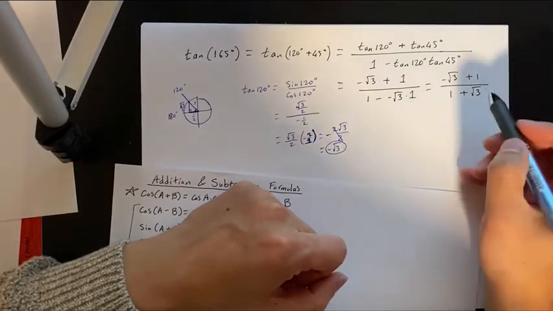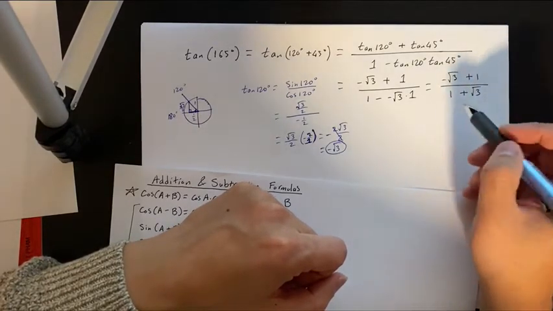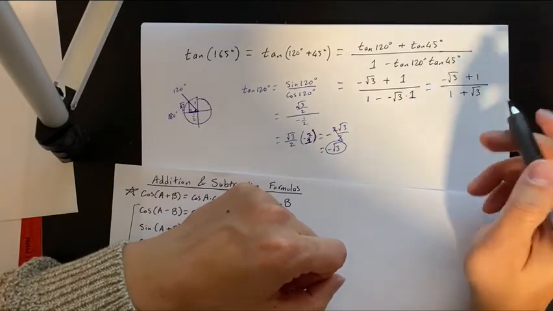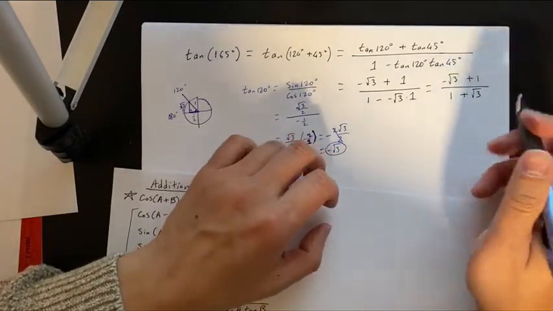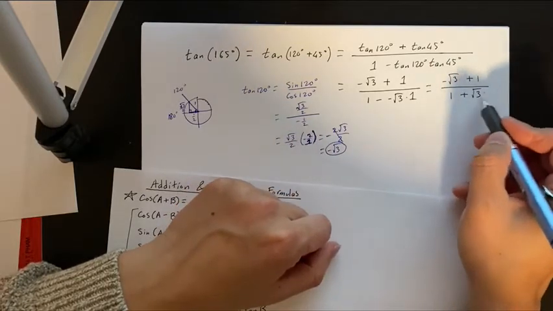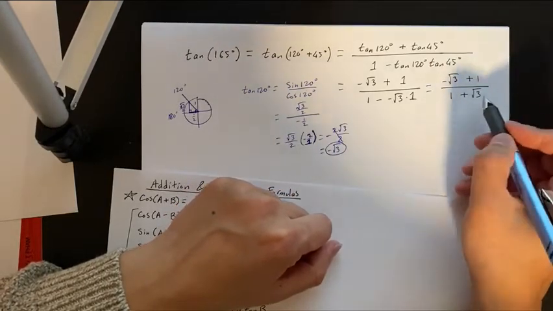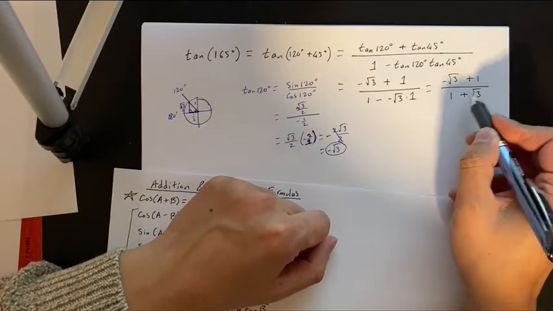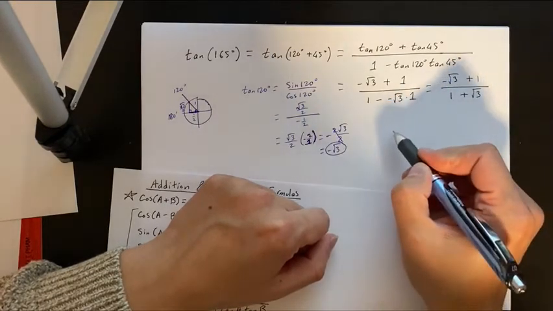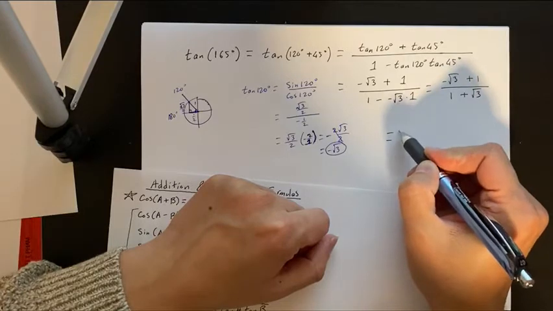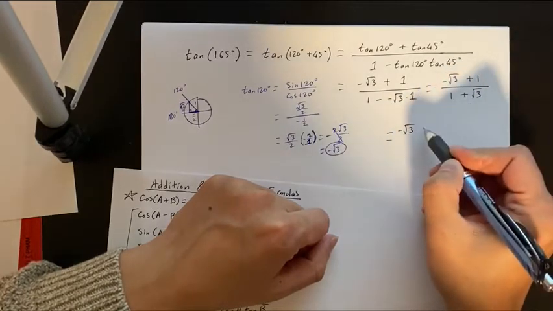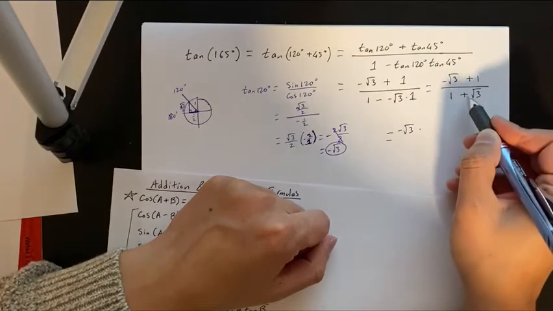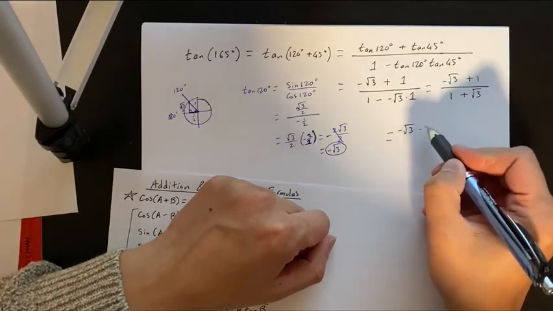All right, that actually looks pretty bad, but if you rationalize this, it could potentially be something a lot nicer. So how do I get rid of the bottom radical? Well, you multiply it by something called the conjugate of this guy. And that conjugate just means that if it's addition of two values, the conjugate will be the difference of these two values.